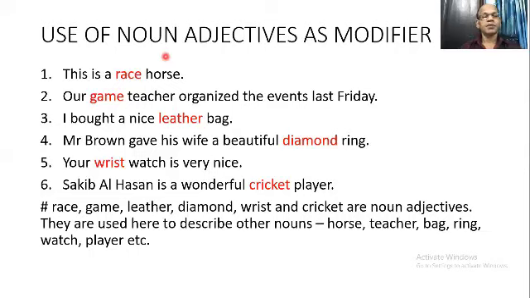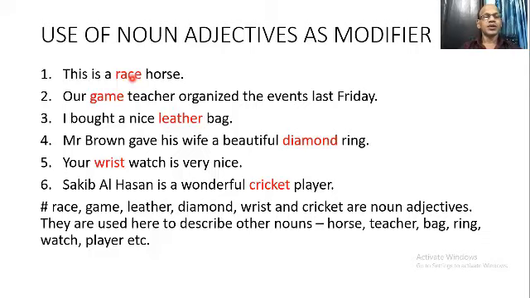Noun adjective. Here we will use a noun in place of adjective. Look at the sentences. This is a race horse. You look at the word race, it's a noun. Horse is a noun, but we call the first noun here an adjective. So as it is a noun and it functions here like an adjective, we call it noun adjective.